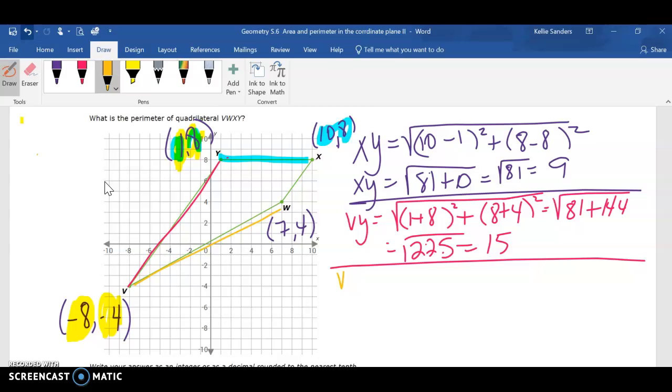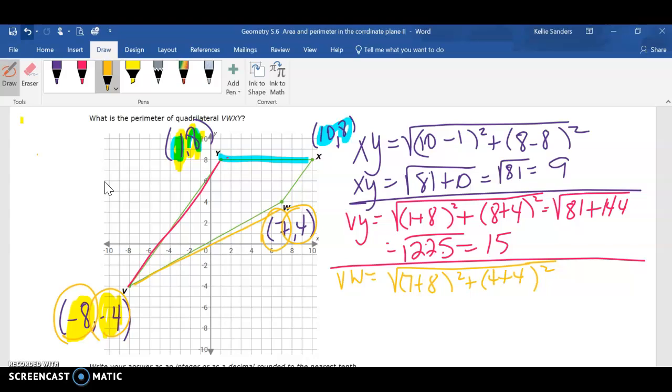Let's do VW. Okay. 7 minus a -8. So 7 plus 8. 4 minus a -4.